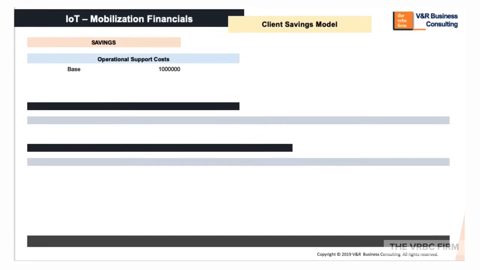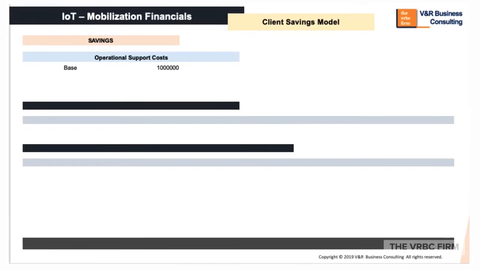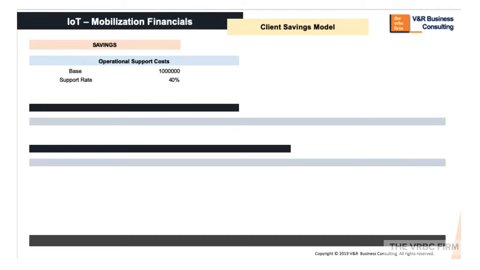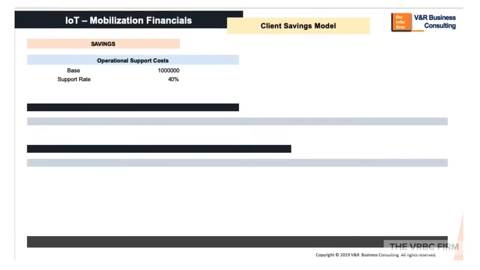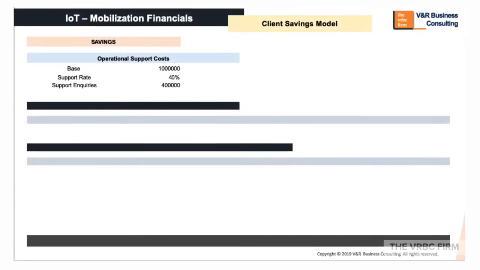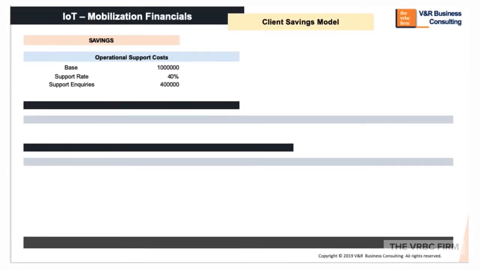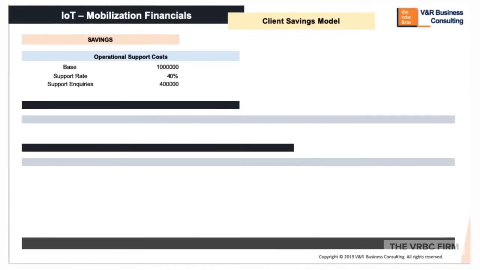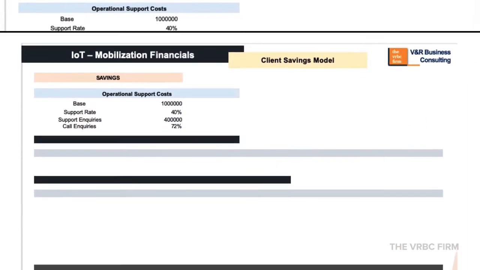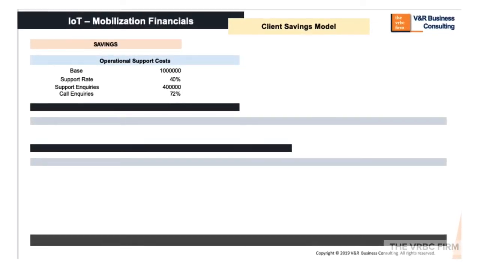Right, so let's say the client has a base of 1 million objects, of which 40% need active support at any given time. Let's say this support generates an estimated 400,000 inquiries per month, of which a percentage generates calls to the client's call center.